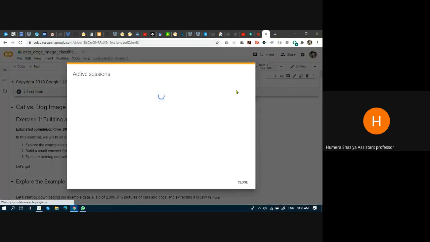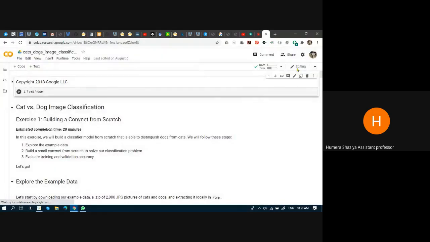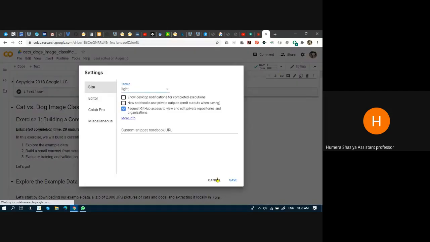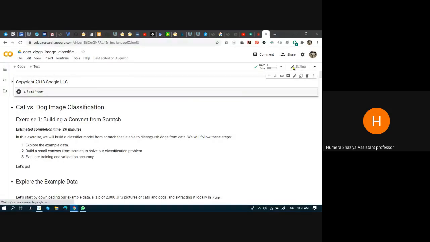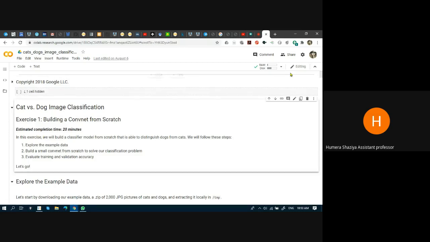And what I can do is, where is it? I can change the settings. Hosted runtime is the cloud service.